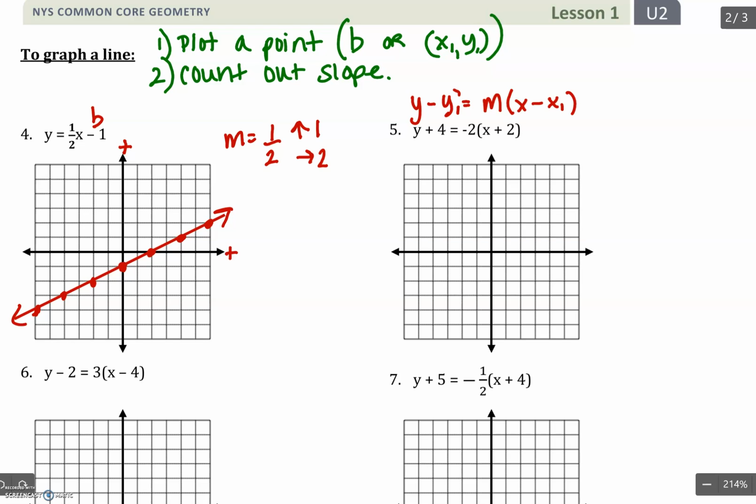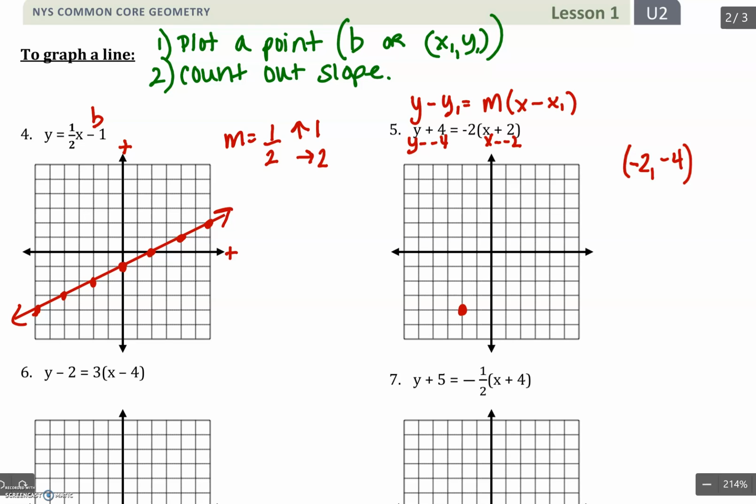This tells me that my point comes from these numbers. But the minus means that it's going to be the opposite sign. So our point is actually (-2, -4). That way it would be like y minus -4 to get the plus, and x minus -2 to get the +2. So that's my point. So I'm going to plot that first.